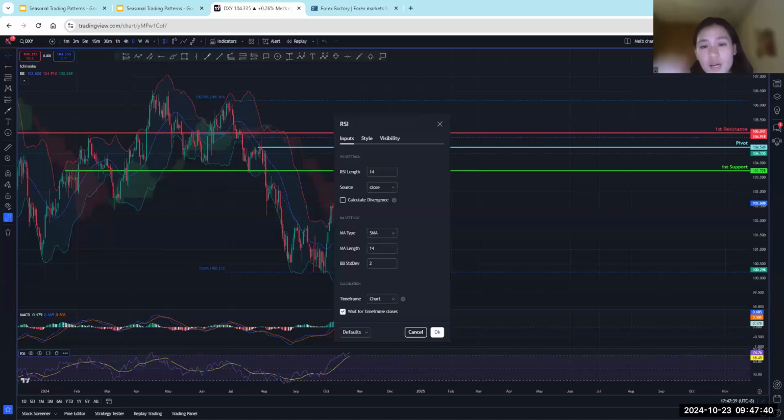And then if you're looking at weekly or monthly charts, so that's more long-term investing, you would want to use a 21 period RSI so that it smoothens out any market noise and you can get more reliable signals for longer term trends. Okay, I hope that answers your question.